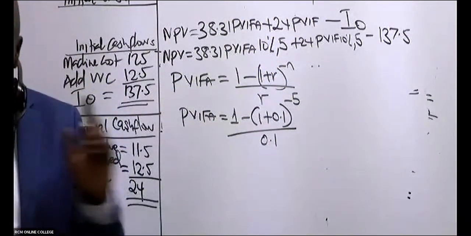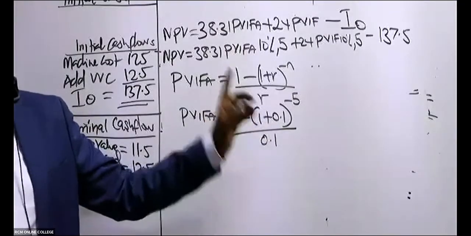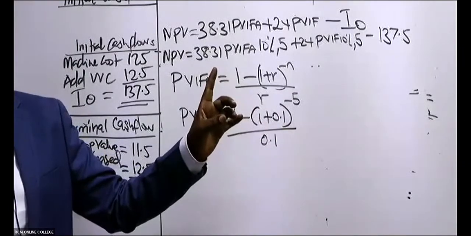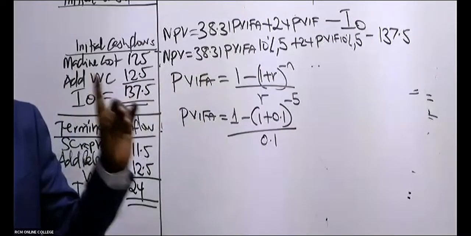This is 1 minus 1.1 raised to minus 5 divided by 0.1.